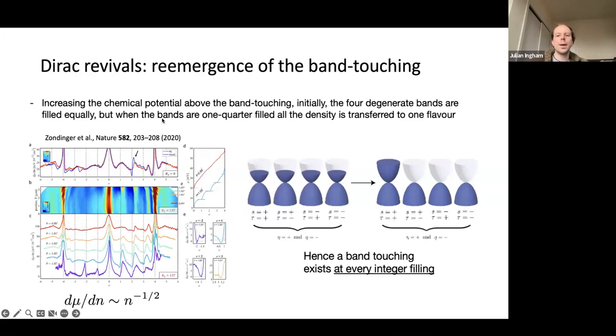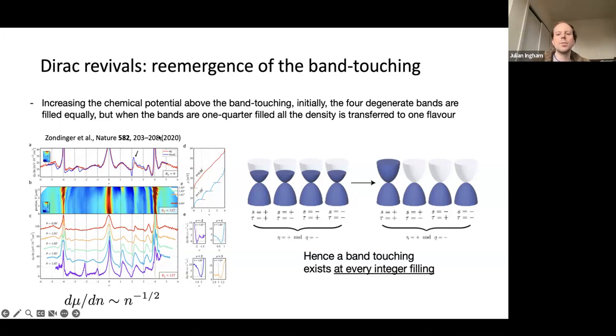Now you might think that as you increase the chemical potential, what happens is what we get on the left of this right panel. So we started with the chemical potential sitting right at the band touching, and as we increase the density, these four degenerate Dirac cones populate equally. But what compressibility measurements found is that this doesn't continue indefinitely.